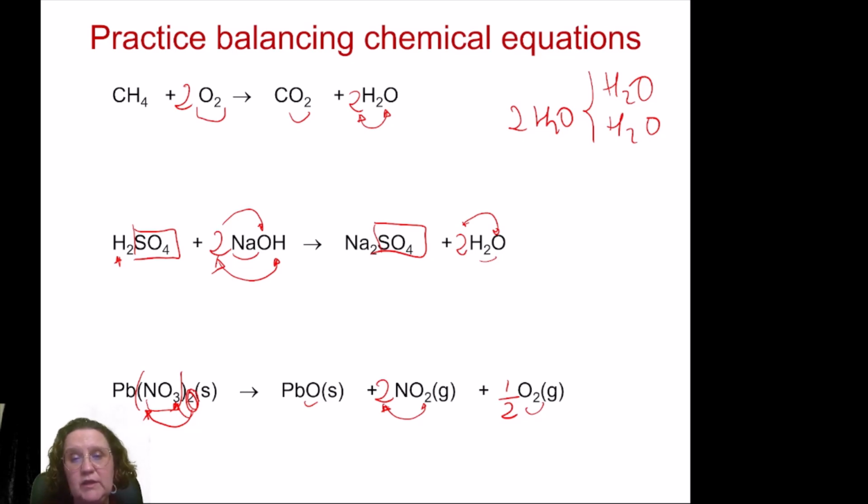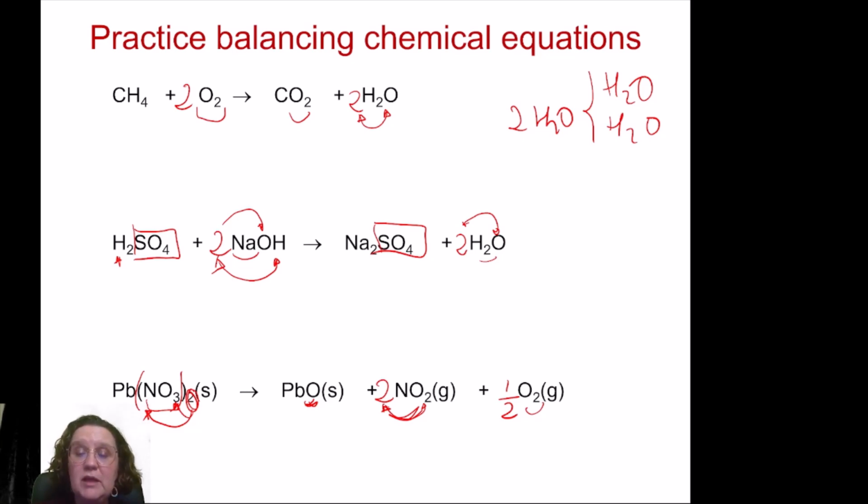If I look now at the number of atoms of oxygen on the right, I count 1 here, 4 here, that makes 5, and 1/2 of 2, which is 1, makes 6. That gives me the 6 atoms of oxygen that I need. And again, in some books you will see it like that, and it is fine. It's more elegant not to leave a coefficient as a fraction, but to leave them as integers.